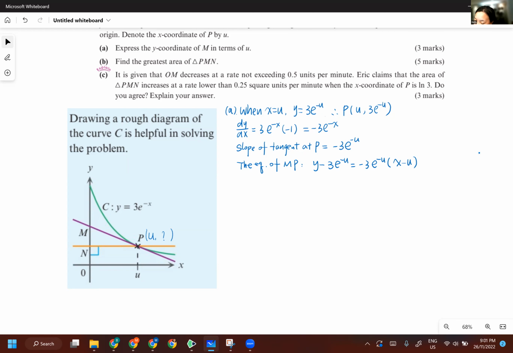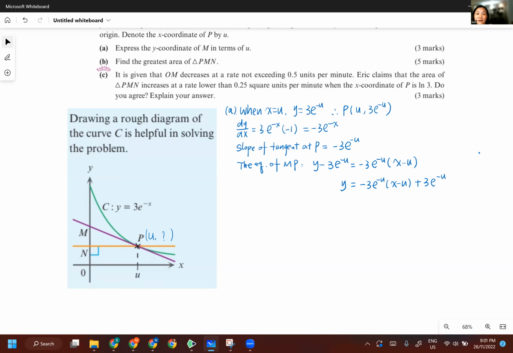You can simplify it: y equals negative 3e^(-u)(x minus u) plus 3e^(-u). That is the equation. I don't want to expand it because it has too many terms.